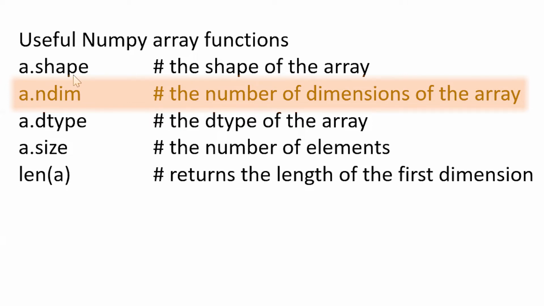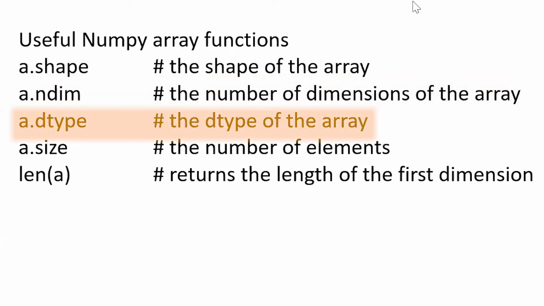It'll just tell you the number 3, that it has 3 dimensions. Dtype is important. Sometimes if you do a calculation and it's floating point and you try and display it, it'll show an error. So the first thing you can do is ask what type it is. It has to be an unsigned int of 8 bits.